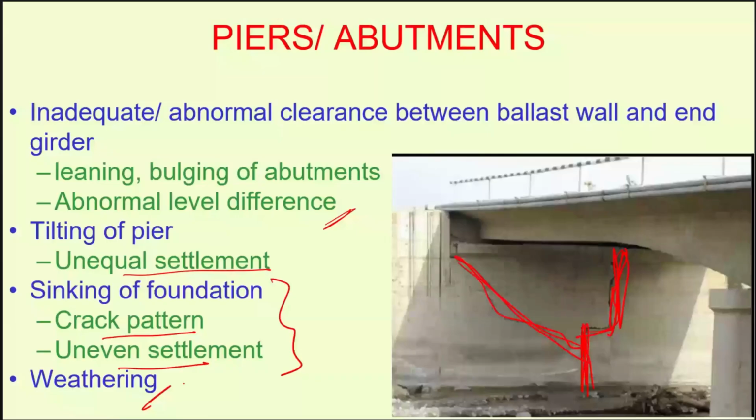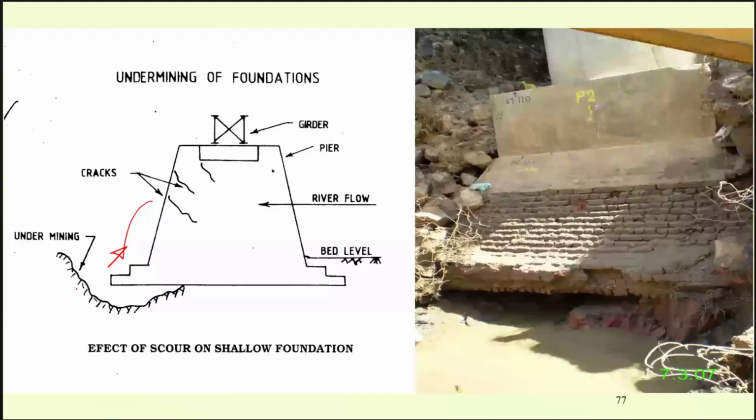Now undermining of the foundation may be because of the cover or because of the hydraulic gradient. Anyhow, if it is happening, then this portion of the structure has a tendency to make this a fulcrum and tilt, with settlement of the pier.